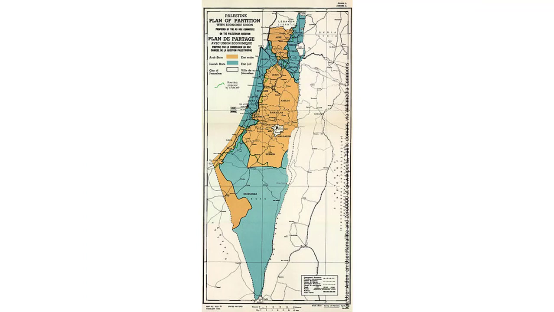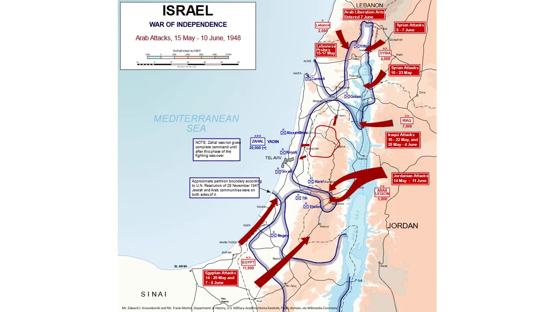The United Nations partitioned the area into 2 states, and Israel declared independence in 1948. It was immediately attacked by neighboring states, but fought them all off and gained additional territory. This would not be the last time conflict broke out over the state of Israel.